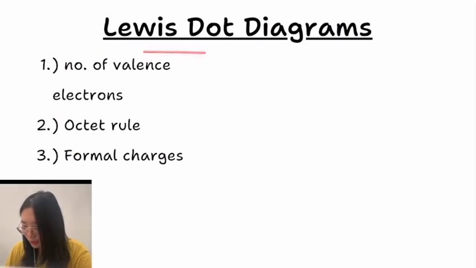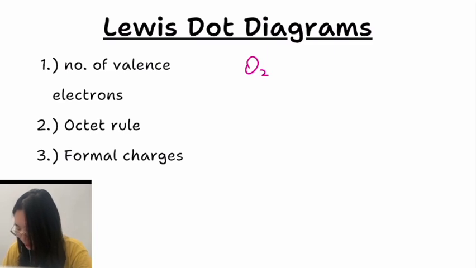To draw an appropriate Lewis dot diagram, we have to follow a couple of rules. Let's take a look at the first two. One is the number of valence electrons. Let's say in oxygen gas, O2, each oxygen has 6 valence electrons, which means 2 oxygens have 2 times 6, which is 12 valence electrons in total.